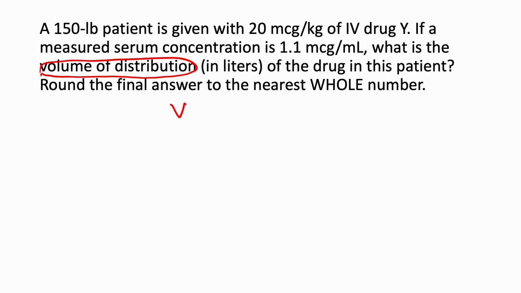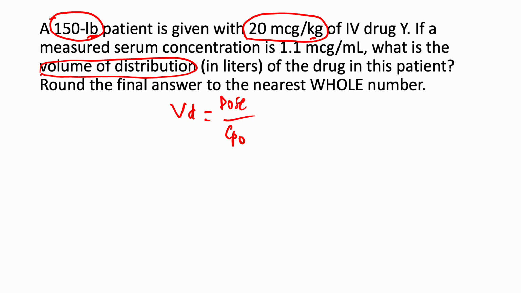So volume of distribution is calculated by the dose divided by initial concentration. The dose given here is 20 microgram per kilogram. Because it's per kilogram, you need to convert to the dose for the patient based on the weight of the patient, 150 pounds. You need to make sure to convert pounds into kilograms to match the unit.